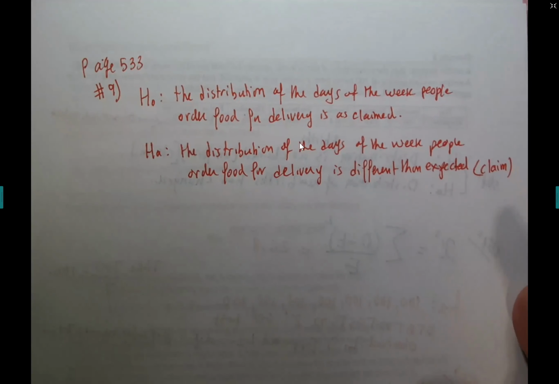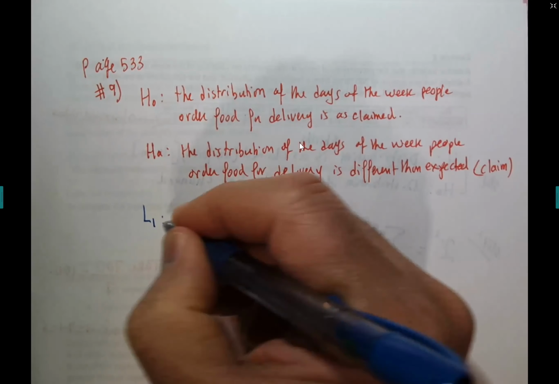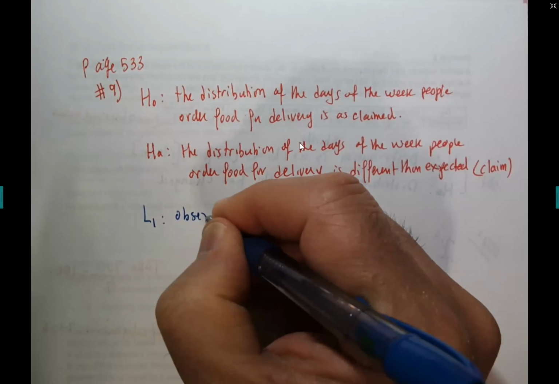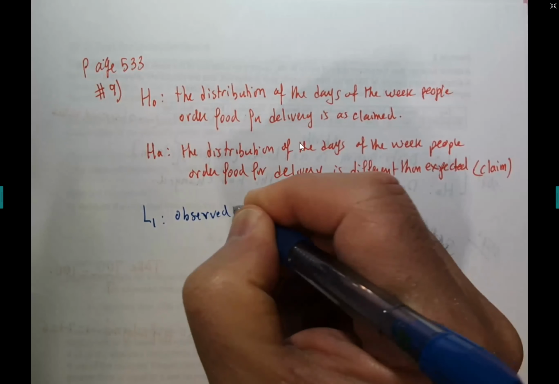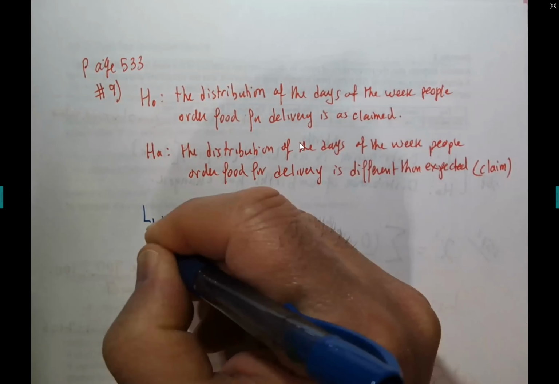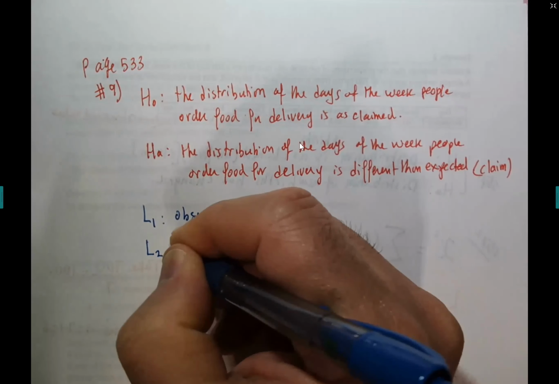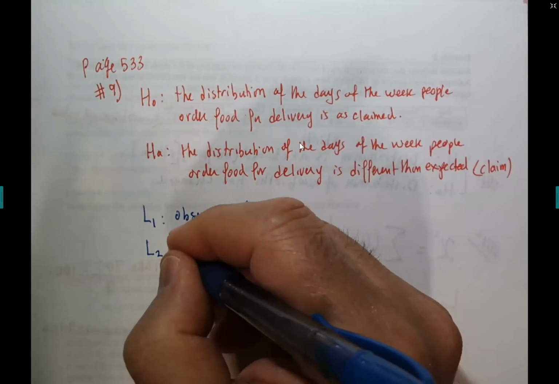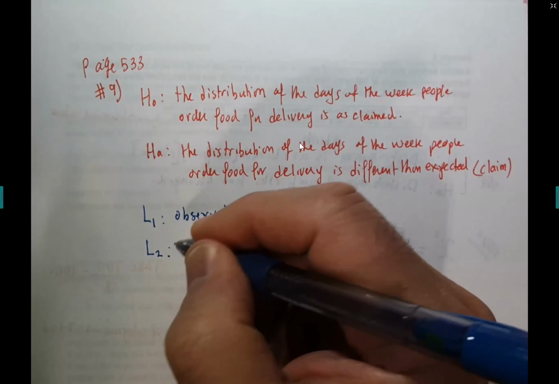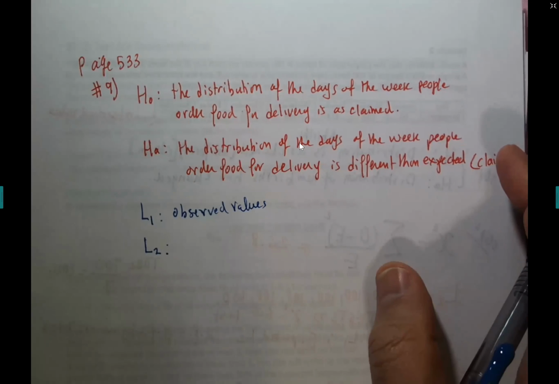All right, so now guys, in the STAT list editor, in L1, you're going to put the frequencies, the observed values, and in L2, we're going to put the expected values, and I would like to do the expected values together on the calculator.